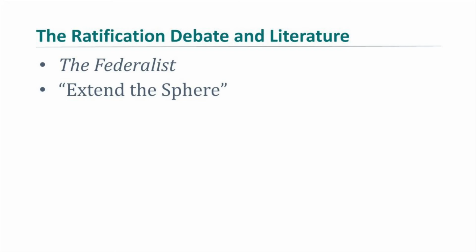The solution for Madison was to be found in the republic's size and diversity. Previous republics, going all the way back to the Roman Republic, had always been small in size, but the size of America, he argued, would stabilize, not weaken, its government. In a nation so large, so many distinct interests would develop that no single interest would ever be able to take over the government and dominate the others.